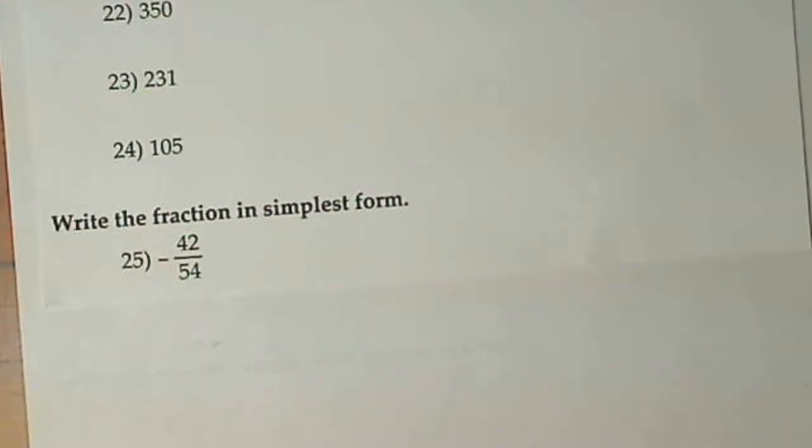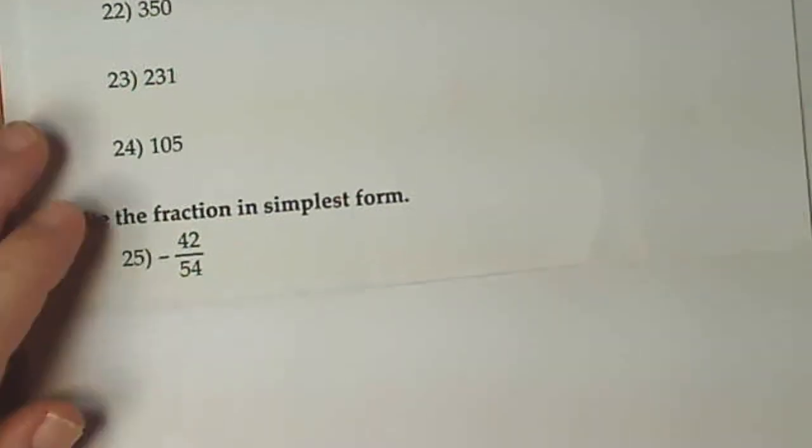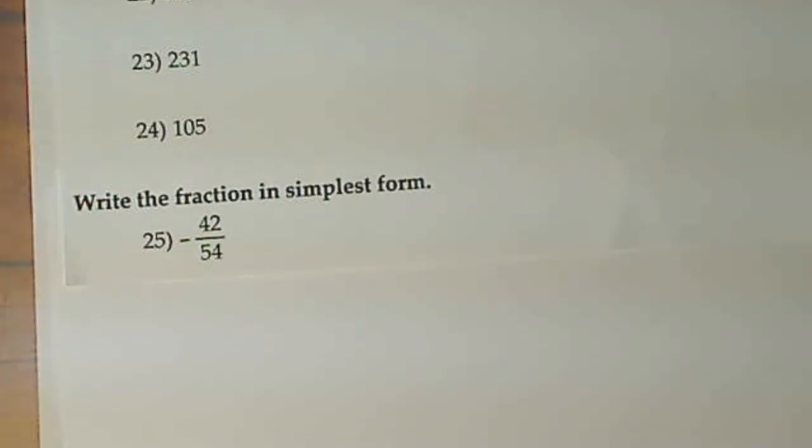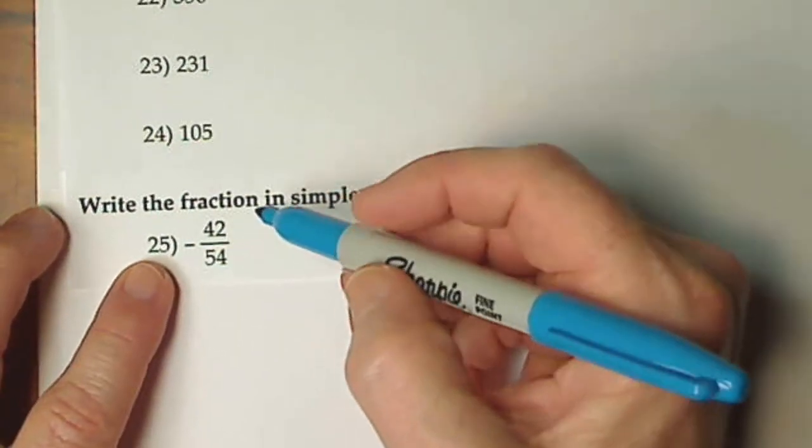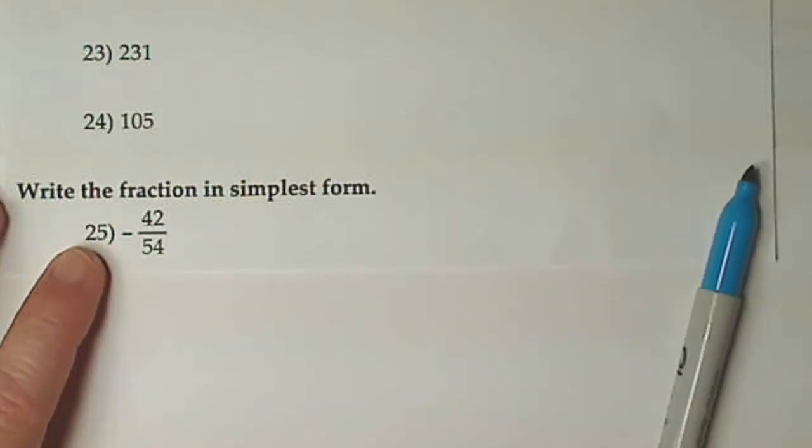We'll take a look at number 42 here. Write the fraction in simplest form. Basically, they want us to think of a number that will go into the numerator. It will also go into the denominator. You cancel common factors.